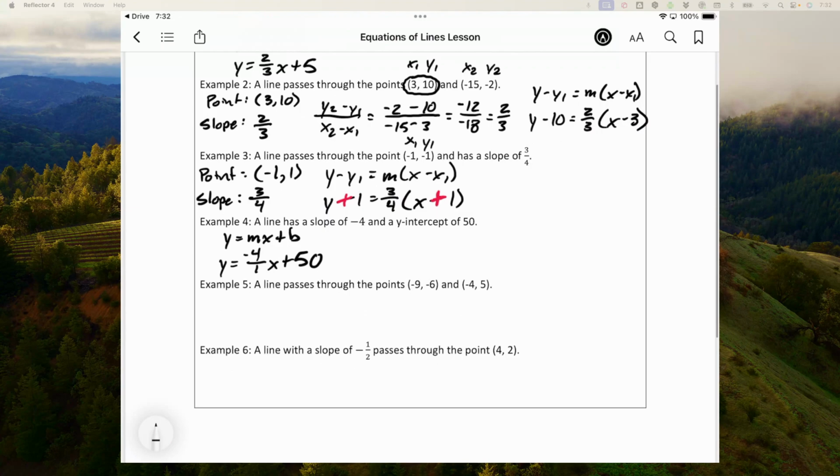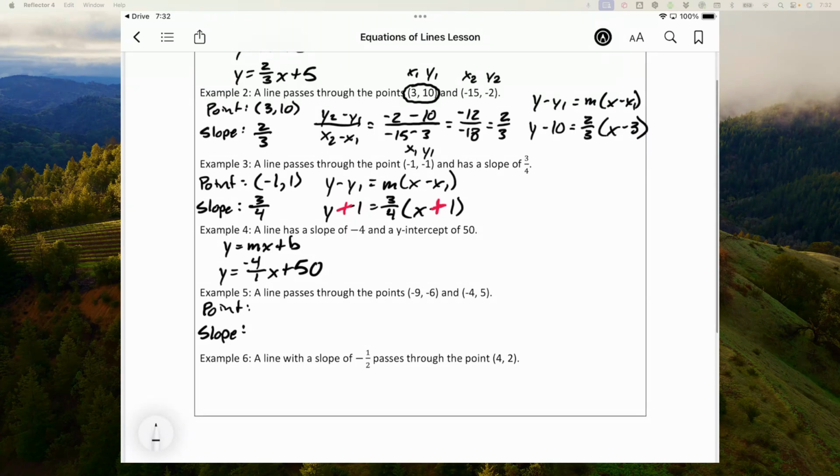Next, we do have only 2 points, and so we need a point and a slope. I'll do the work of finding the slope over here on the side so that I save myself room on the inside there. We've got x1, y1, x2, y2.